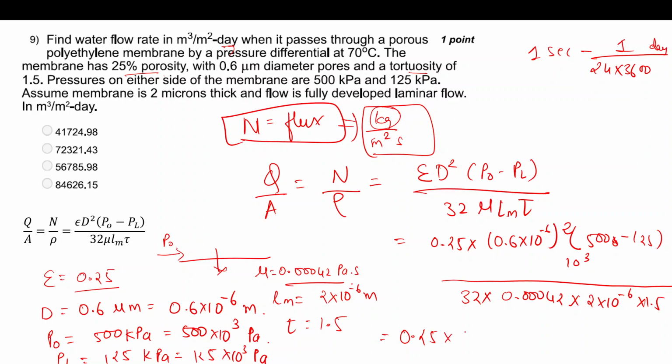So if you do that conversion, the numerator will be multiplied by 24 into 3600. Divide this by 32 into 0.00042 into 2 into 10 to the power minus 6 into 1.5. Calculate this.